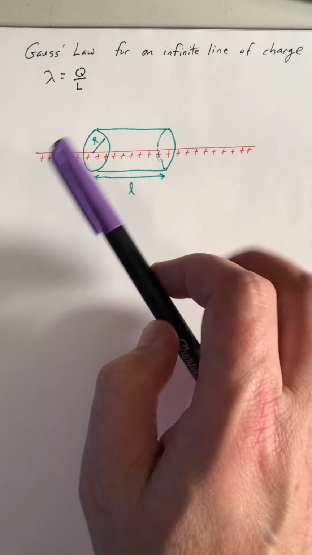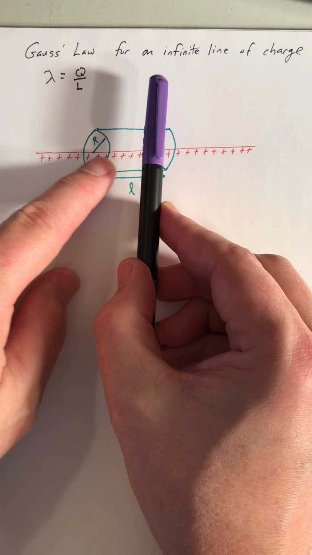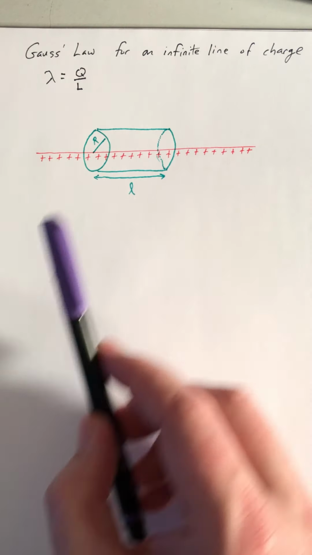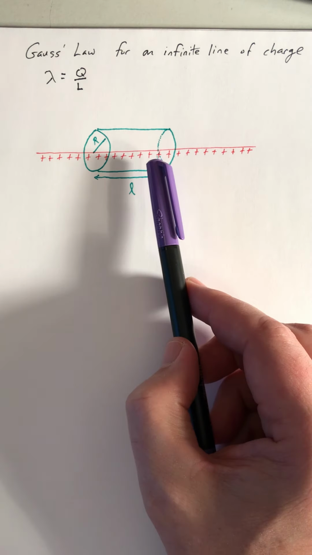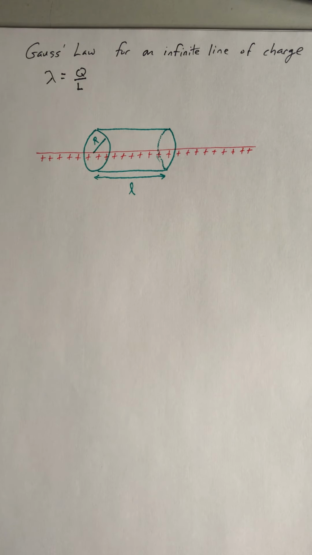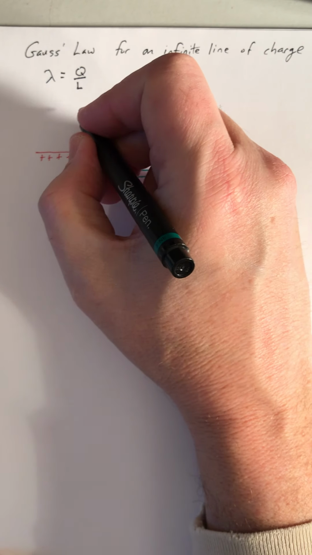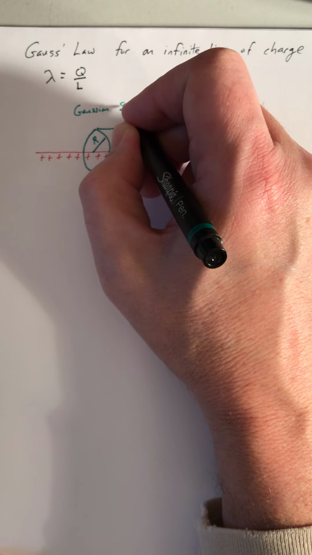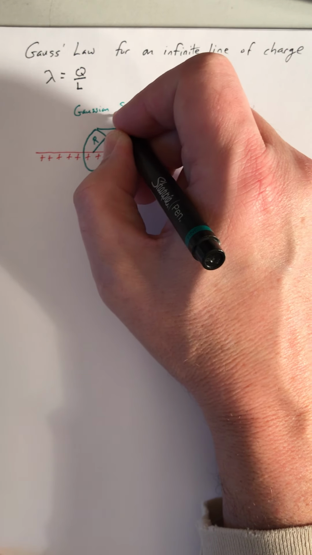Since this is an infinite line charge, I will always have just as much charge causing the field to the left as I will to the right for any point along it. So the only direction an electric field line can point is radially away from the line charge. So this cylindrical Gaussian surface is helping me capture that same symmetry. So this green cylinder is the Gaussian surface I'm going to use.